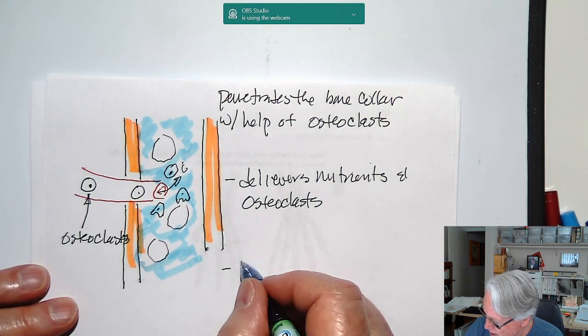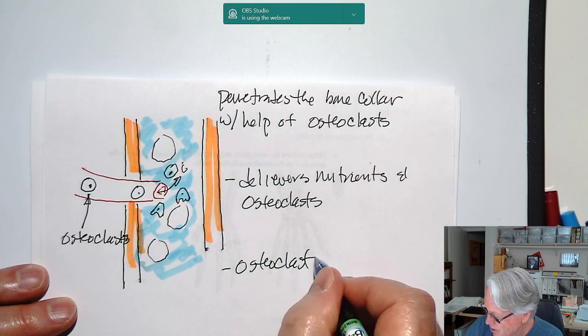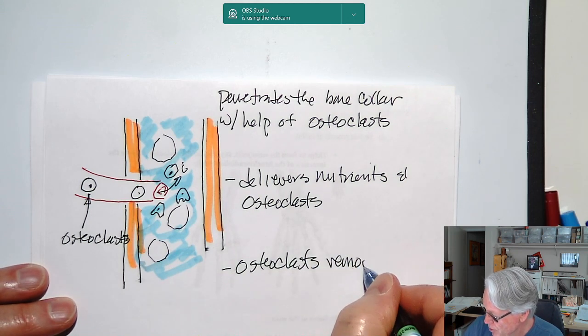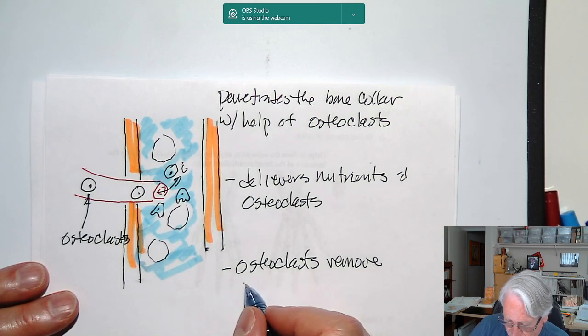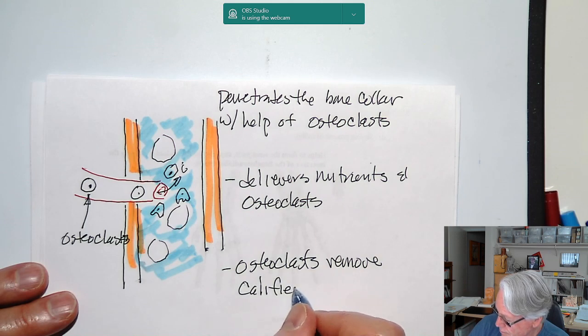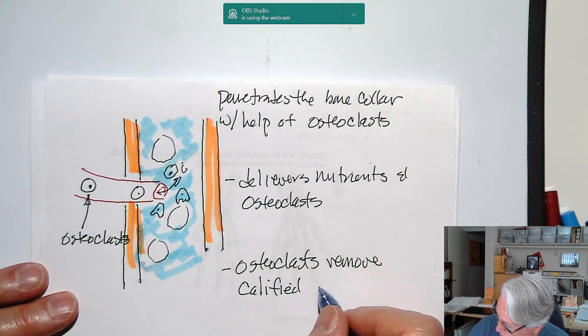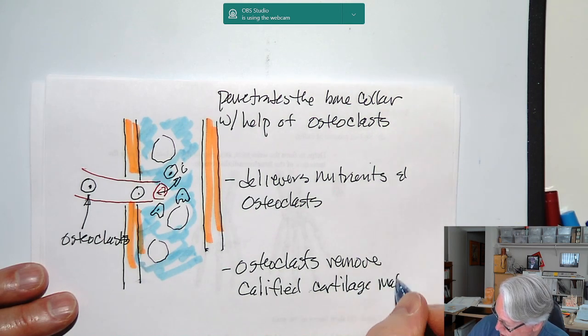So the osteoclasts remove the calcified cartilage matrix.